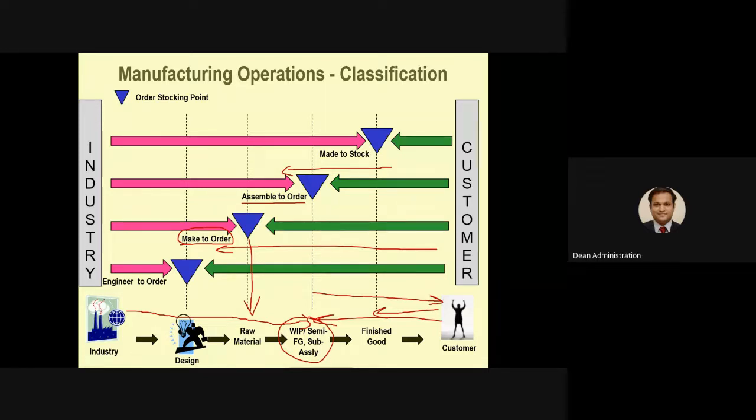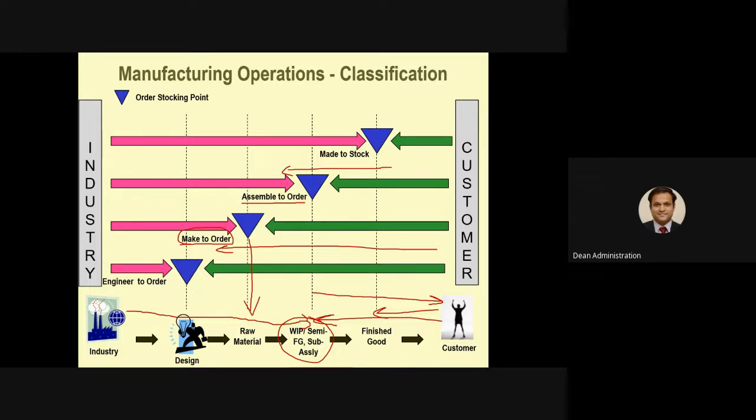The modular furniture may have some amount of flexibility, so you can call it assemble to order. But when you give the work to an interior designer, that gives you complete flexibility as to what type of product you want. So that is called make to order.